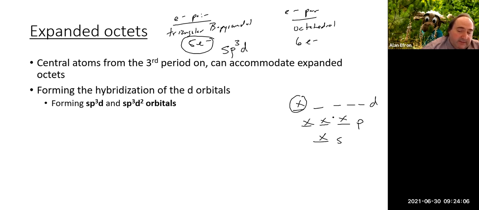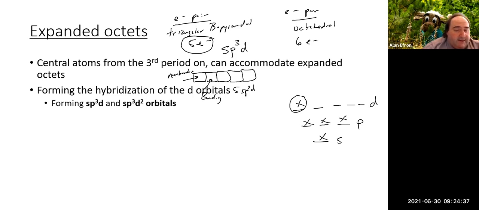If we count up all the letters, that's 1, 2, 3, 4, 5 atomic orbitals, so it yields 5 sp3d orbitals, which are available for either non-bonding electrons around the central atom or for making sigma bonds.